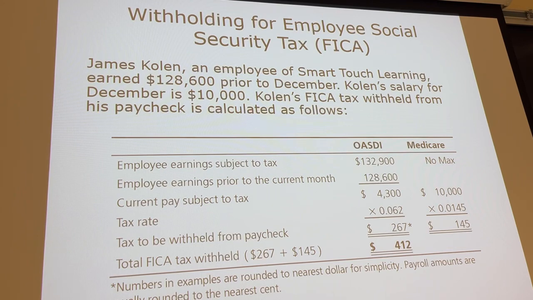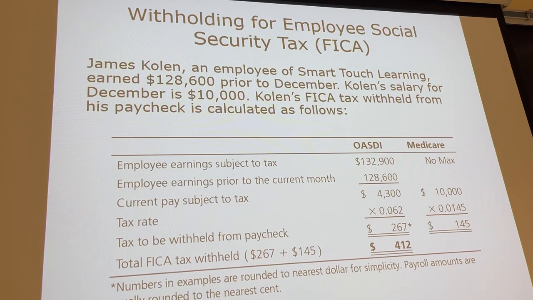No, it's not, I'm sorry, I'm looking at what his pay was. At the time the textbook was written, the maximum per year that Social Security applied to was $132,900. That's called the Social Security wage base.